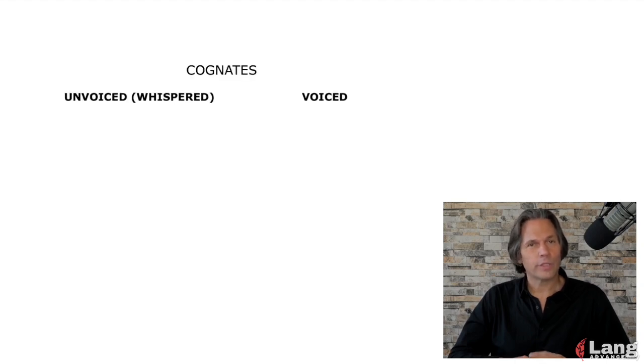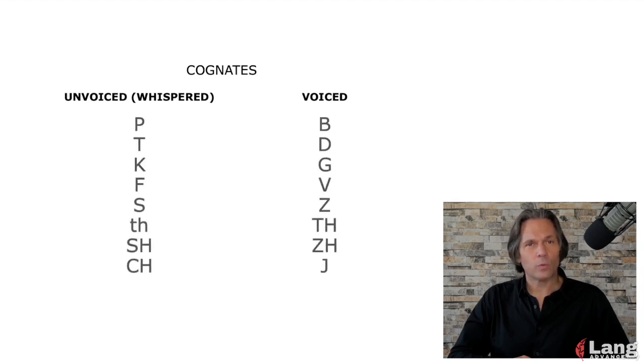We talked in the last section about cognates, pairs of consonant sounds, one of which is unvoiced and the other is voiced. For example, the unvoiced sound t and the voiced sound d. In fact, we looked briefly at all of the cognates. And in this section, we looked at the two pitch tones.